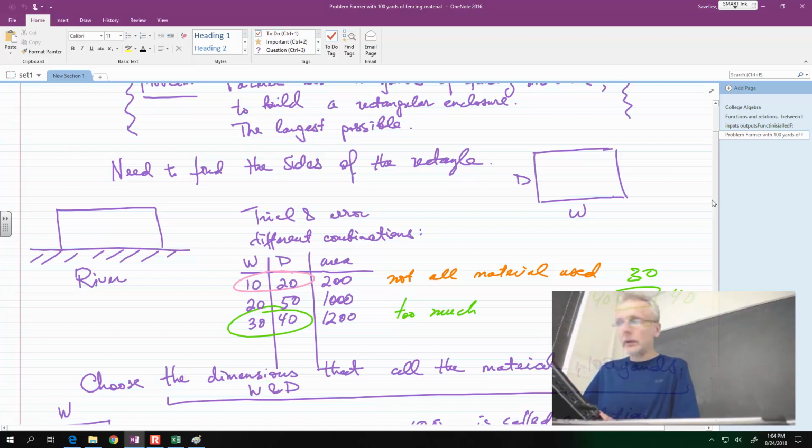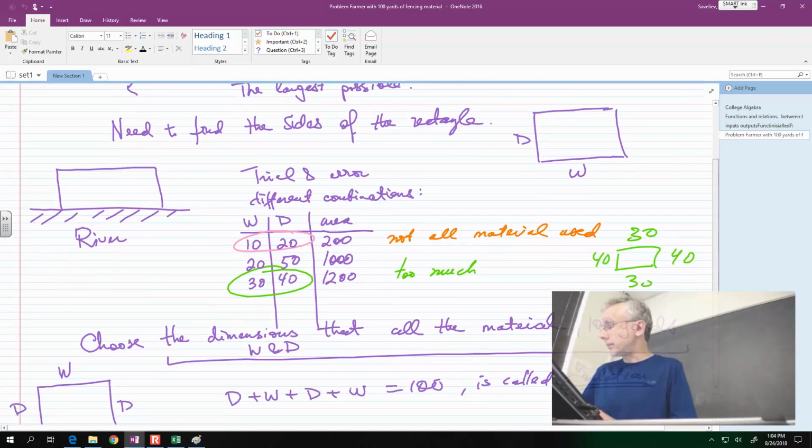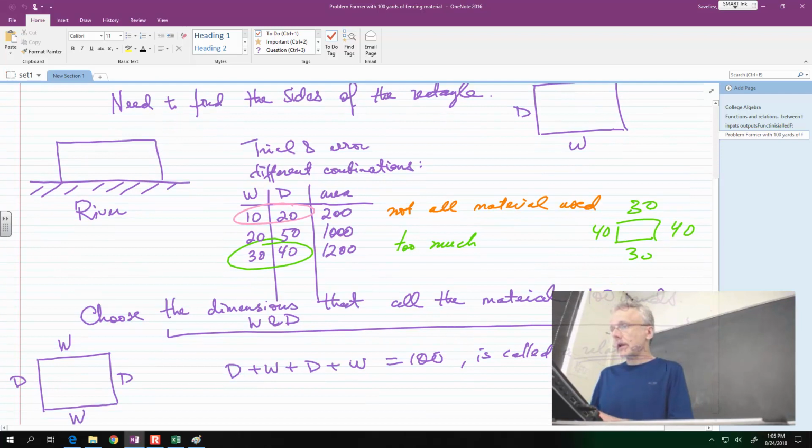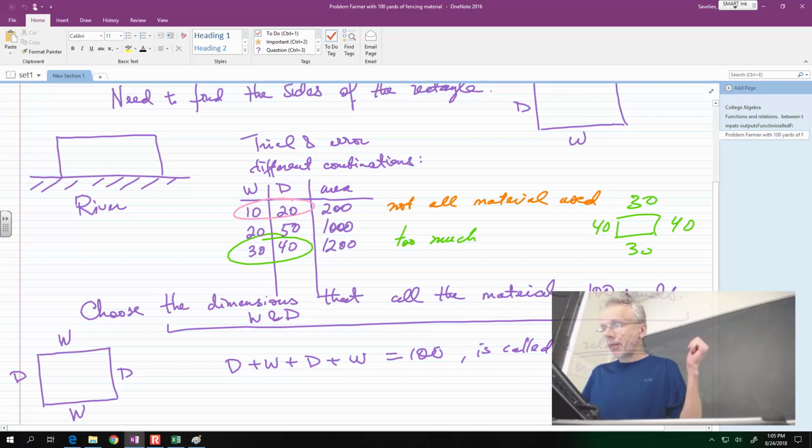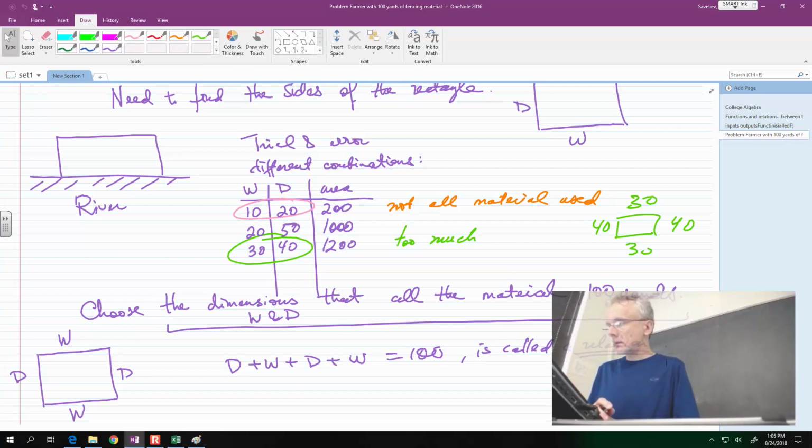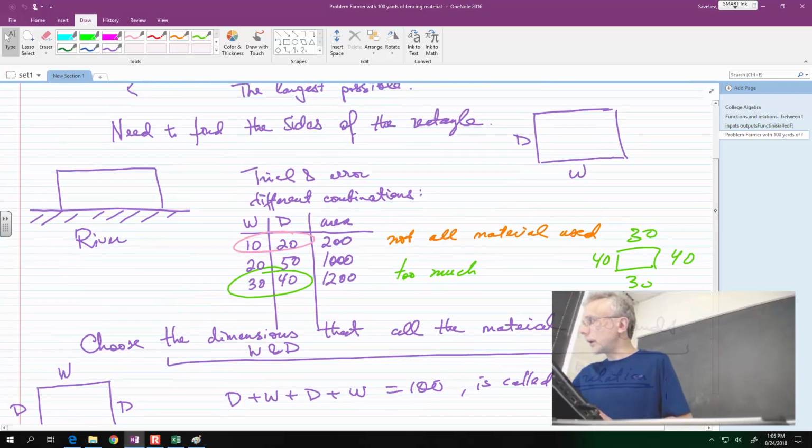So starting with recognizing functions and relations. Once again, we're trying to maximize the rectangle. Okay, so here it is.